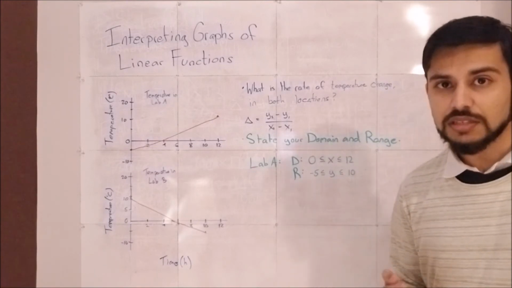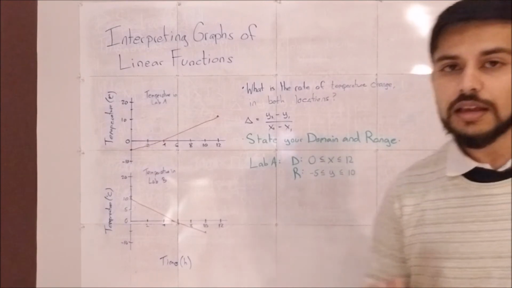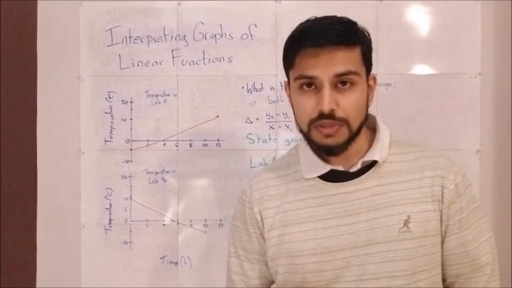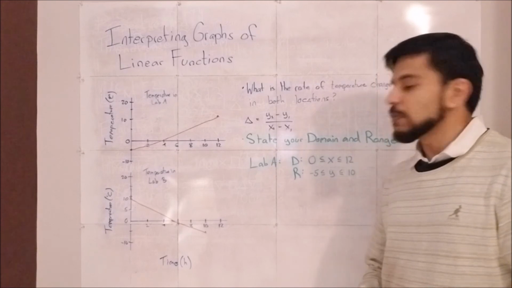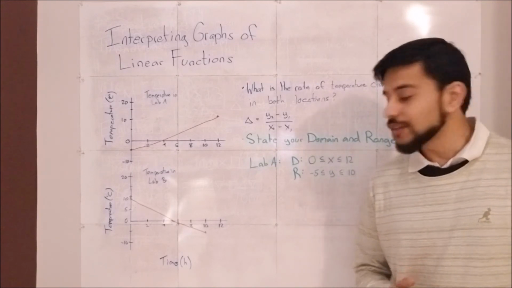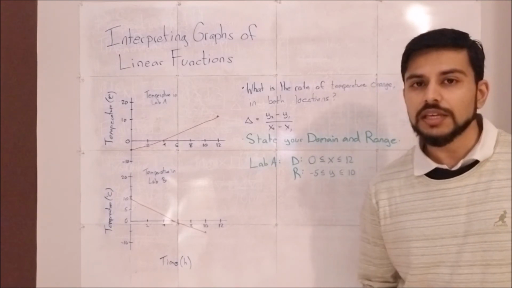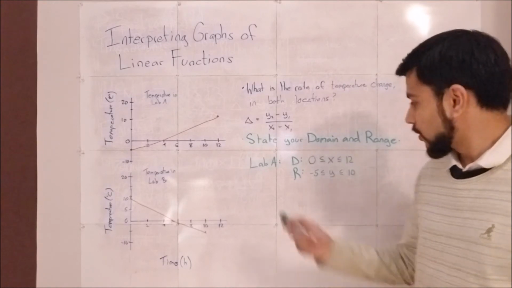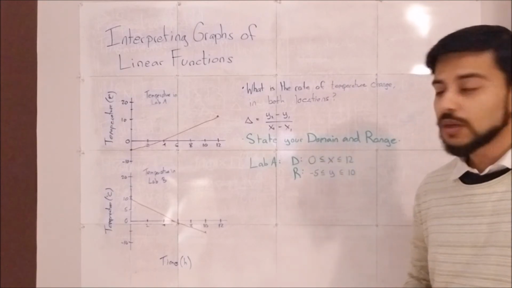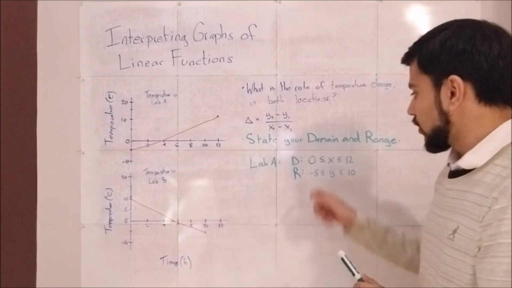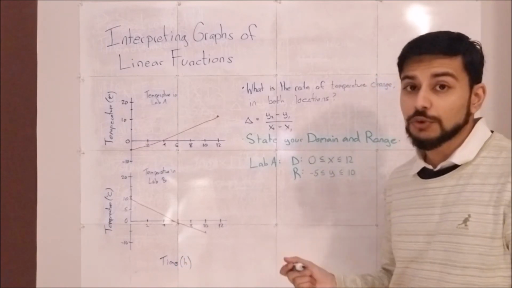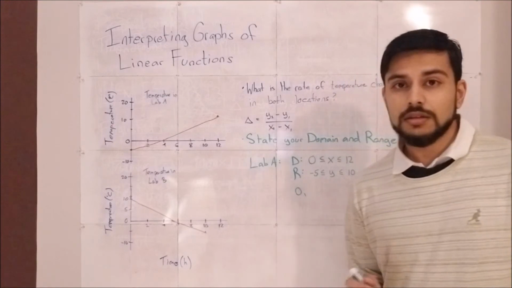Now the reason why this is valuable to us, and again, I have to reiterate, this only works with linear functions. The reason why the domain and range is useful to us is because we've listed all the extreme points, which means that we can now list points on our graph using our extremes. For example, the farthest left on my graph is 0. So my first point is 0.